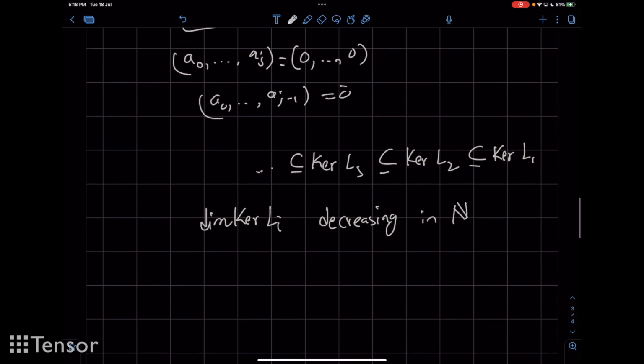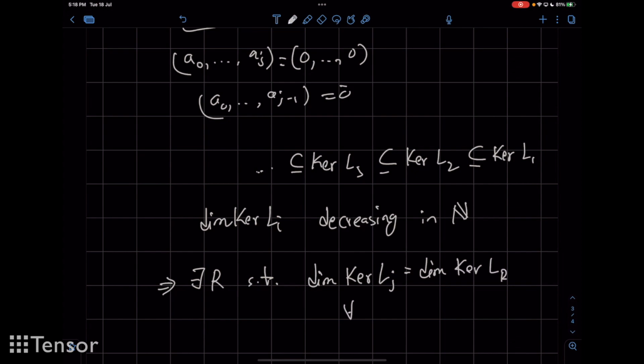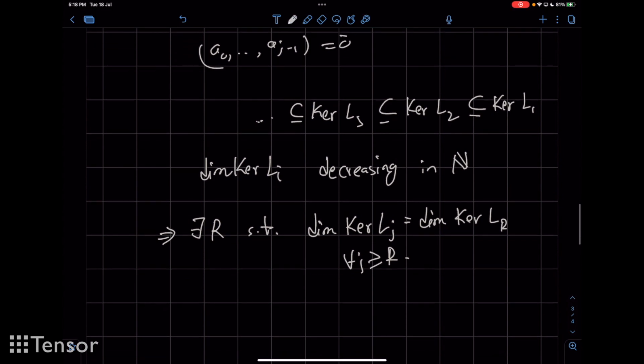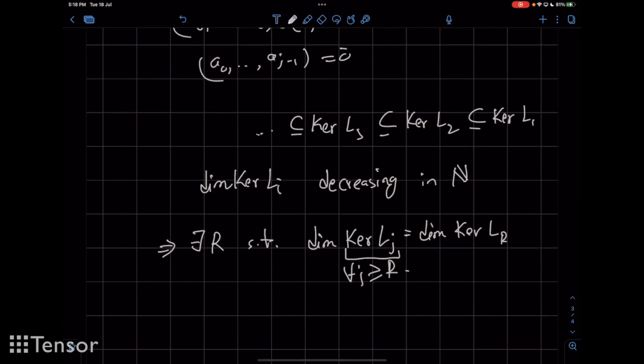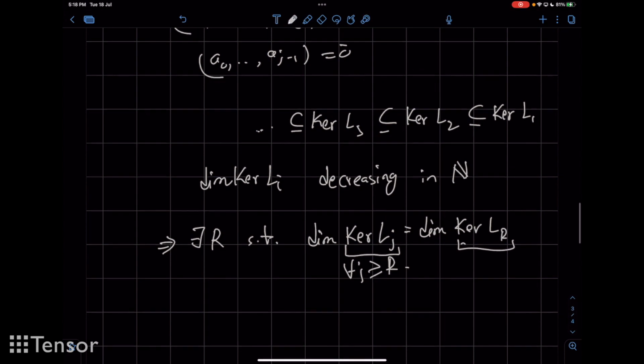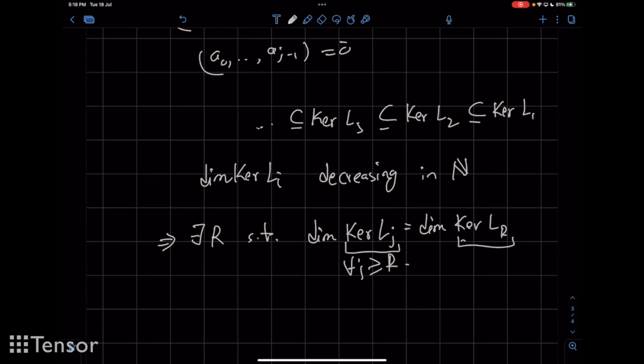Since it's decreasing, at some point it will stabilize. So there exists some R such that the dimension of the kernel of L_j is equal to the dimension of the kernel of L_R for all j bigger than or equal to R. And all these kernels of L_j are subspaces of the kernel of L_R, and they have the same dimension.